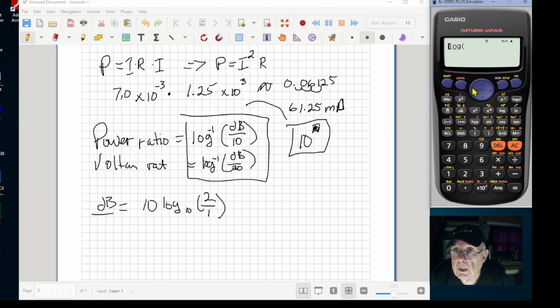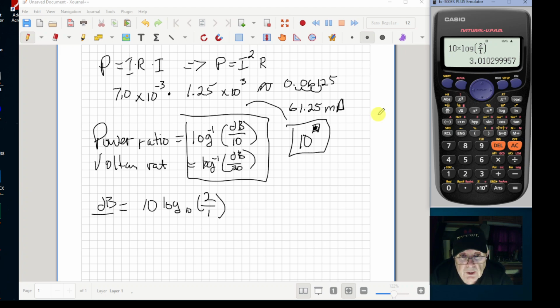But actually, we want 10 times that value. Okay. And since this is a ratio, let's put our fraction there. It's actually just going to be 2 because 2 over 1 is 2, but let's put it in like it is in the book and close that off. And this gives us a value of just a gnat's whisker over 3 dB.